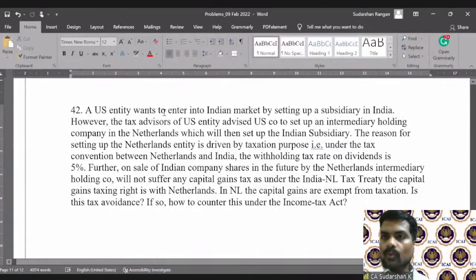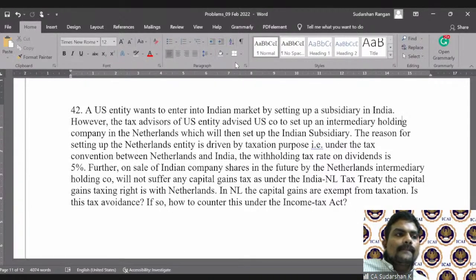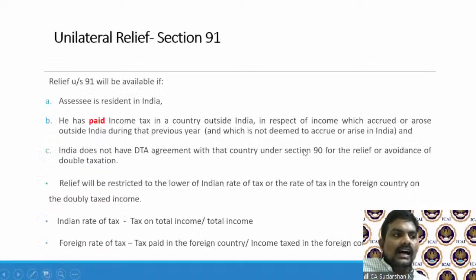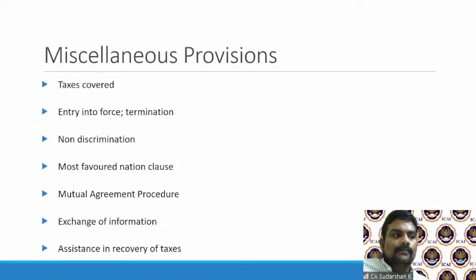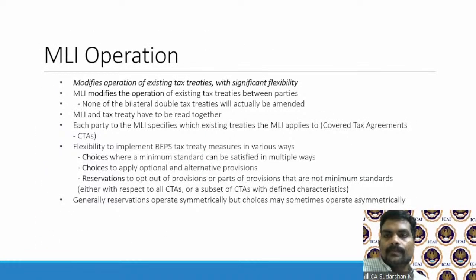So now what BEPS did is, they came out with an action plan to counteract tax avoidance and tax abuses. And that's how the multilateral instrument was signed. A multilateral instrument is an addition to the tax treaty. That is, it will modify the existing tax treaty.